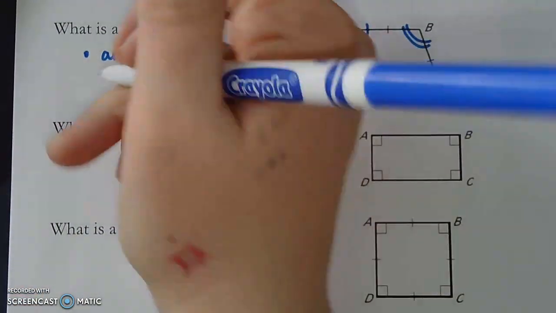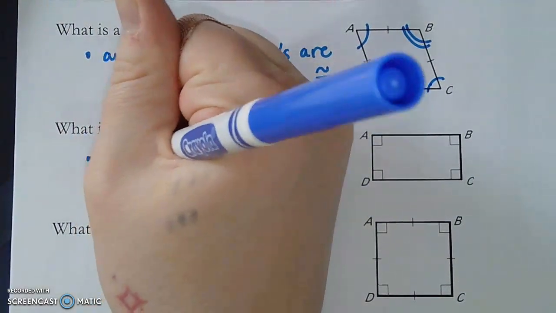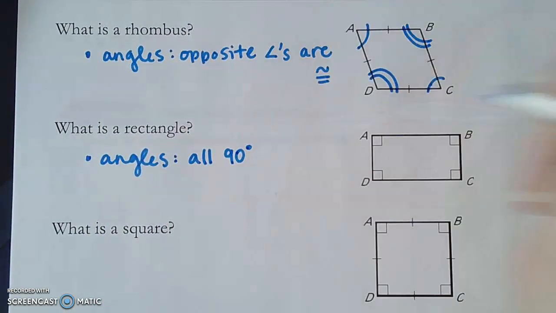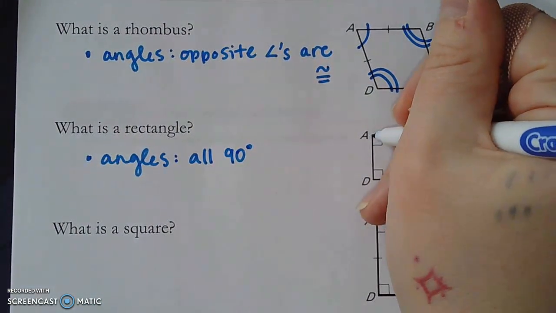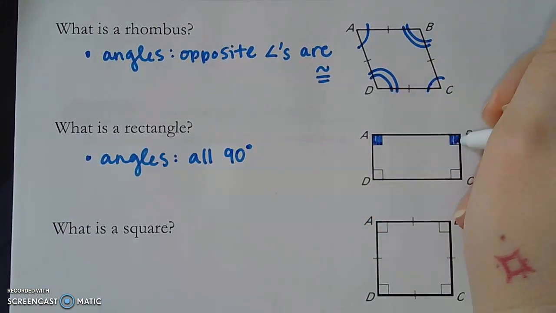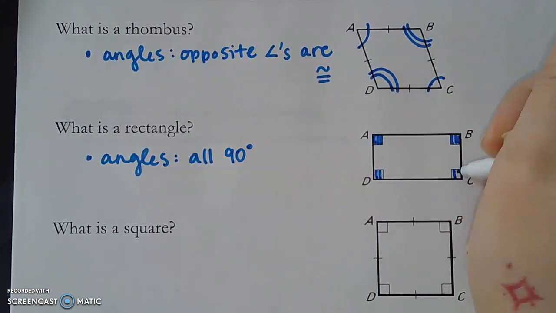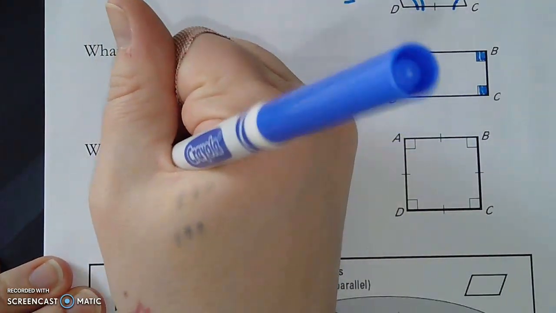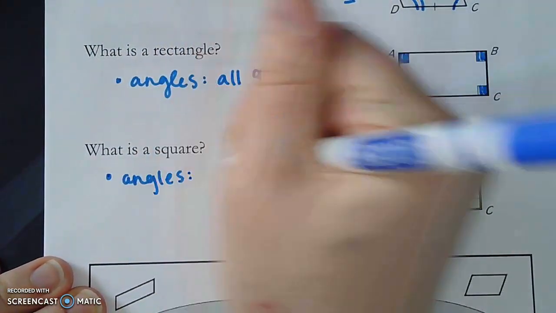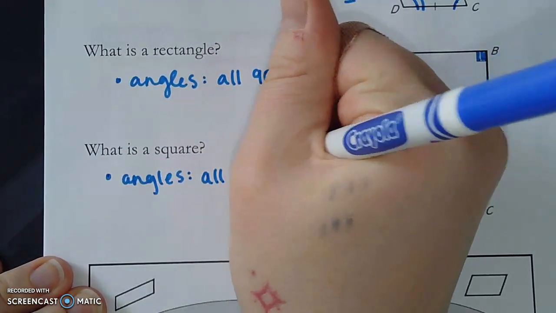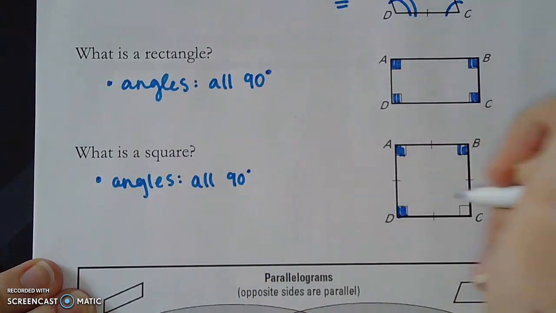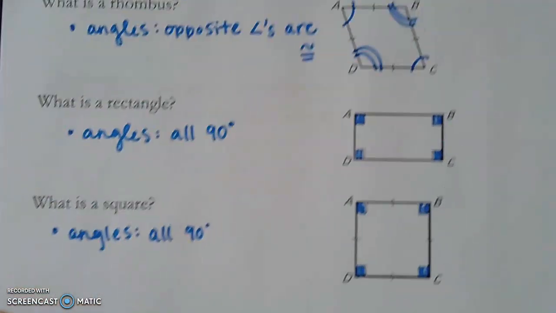For the rectangle, the angles are all 90 degrees. And you see this little square in the corner. That's the symbol that tells us that it's a 90-degree angle. And for the square, it's the same exact thing. The angles are all 90 degrees. So we see the little box in the corner, just like with the rectangle.